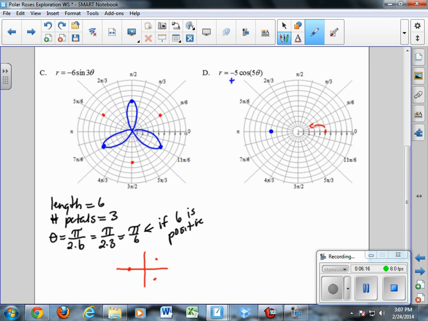Now, how do I make these 5 petals evenly spaced? Well, 360 divided by 10 is 36, so 360 divided by 5 is 2 times 36, or 72 degrees. So if you can imagine going about 70 degrees, maybe about right here, and maybe going the other way about there.